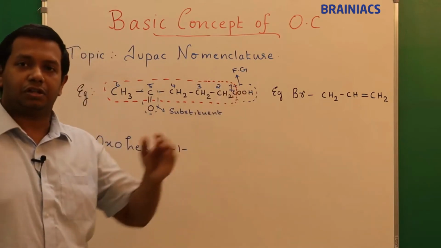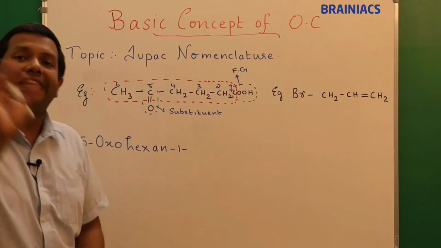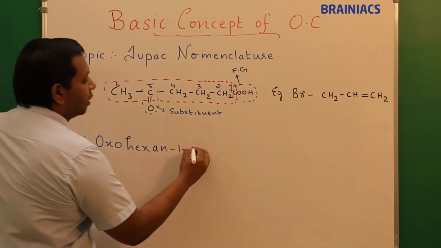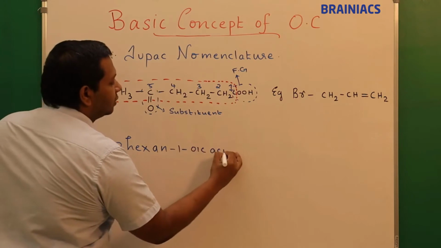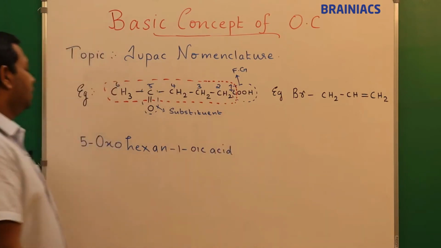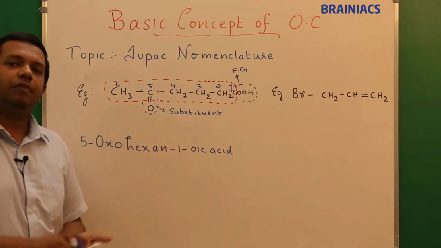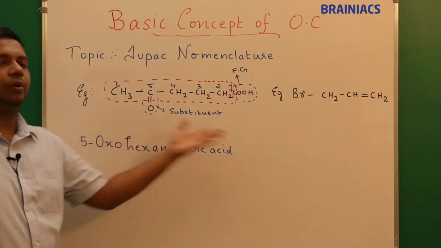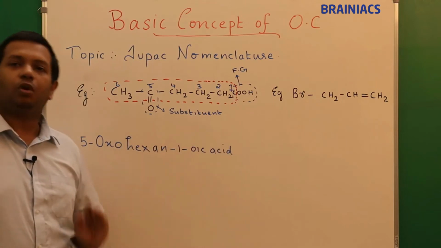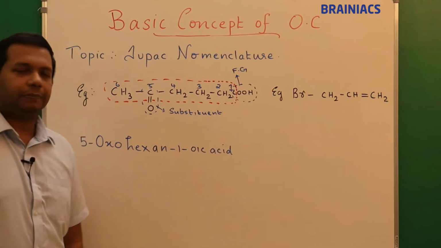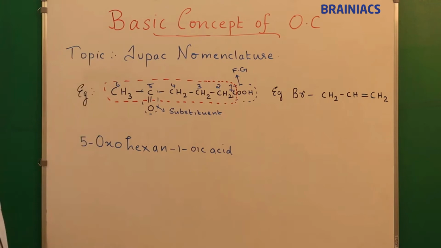If it behaves like a functional group, what is the suffix? Oic acid. So I will put here oic acid. So I got the answer, that is 5-oxohexane 1-oic acid, or even you can say 5-oxohexanoic acid, since it is 1, not mandatory. Understood? So this is the way you need to name the compound.